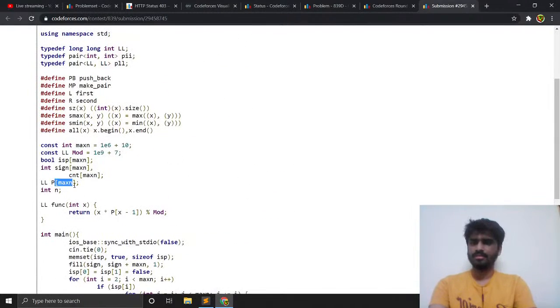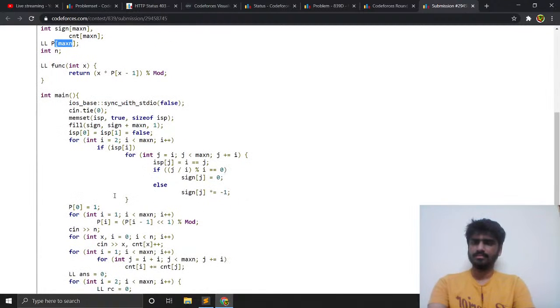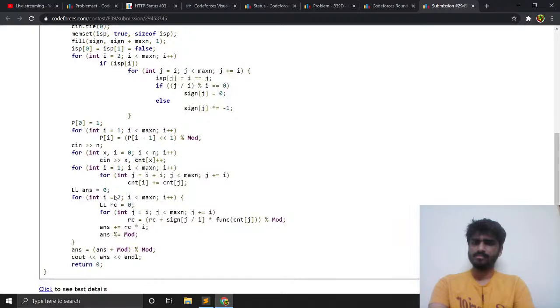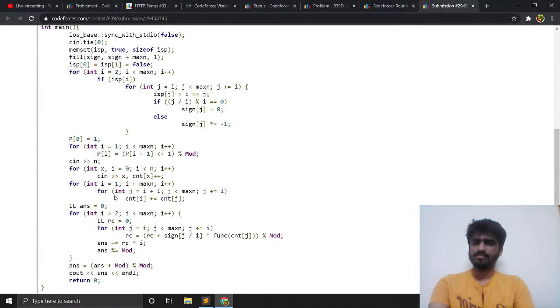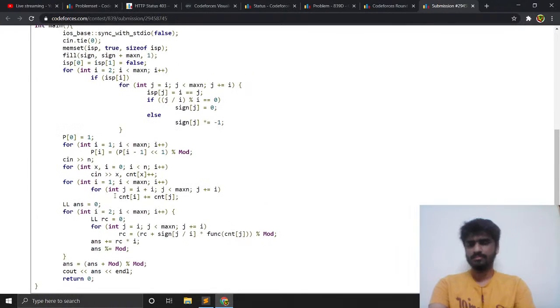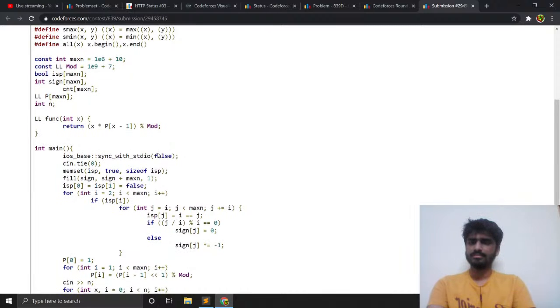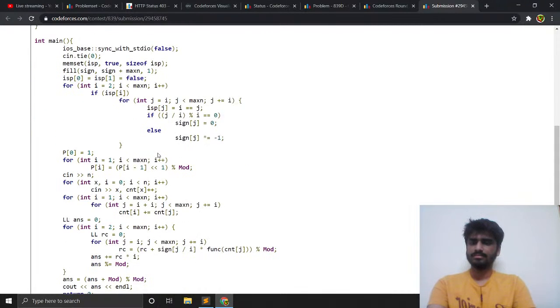What's P? Oh, right, right, right. It's a power function. Cool.